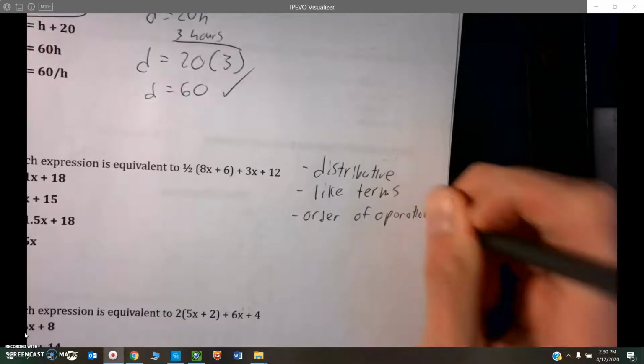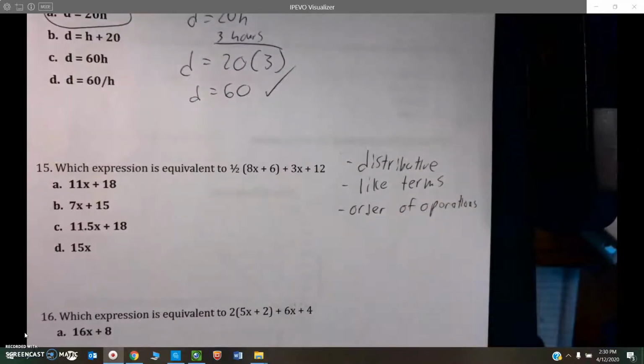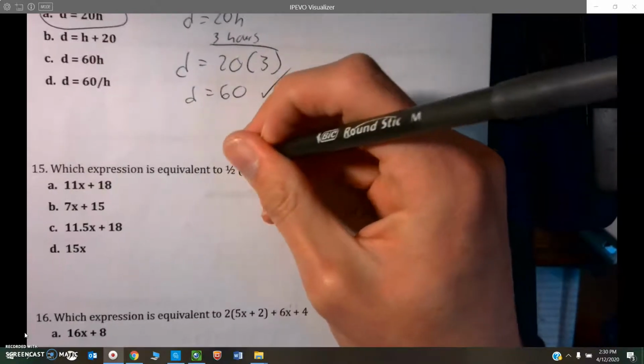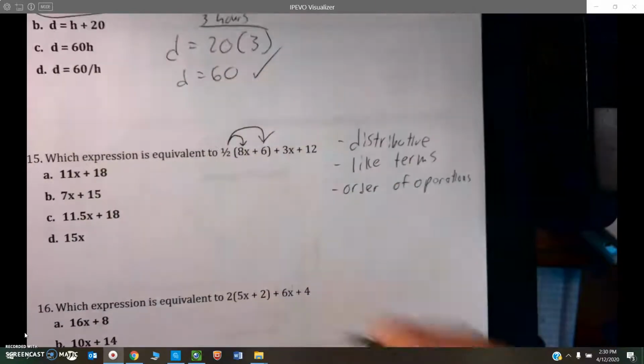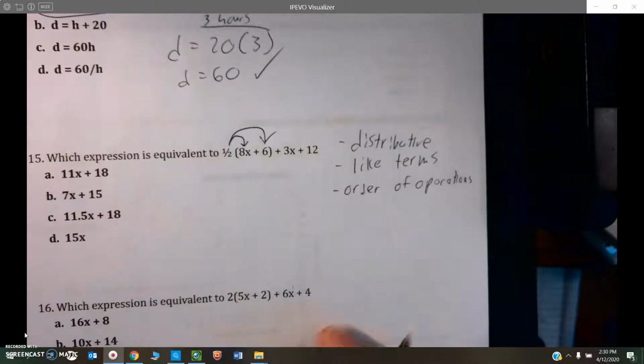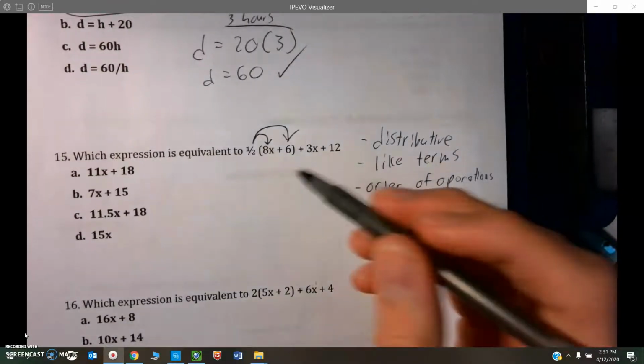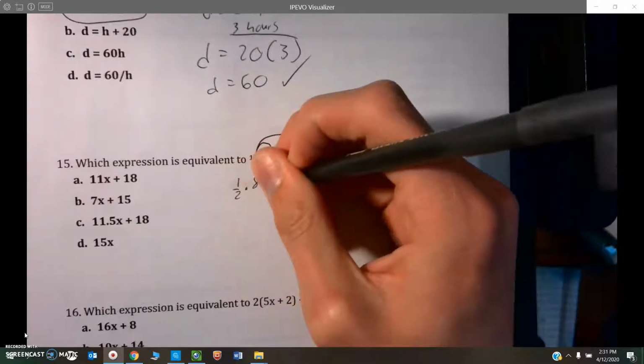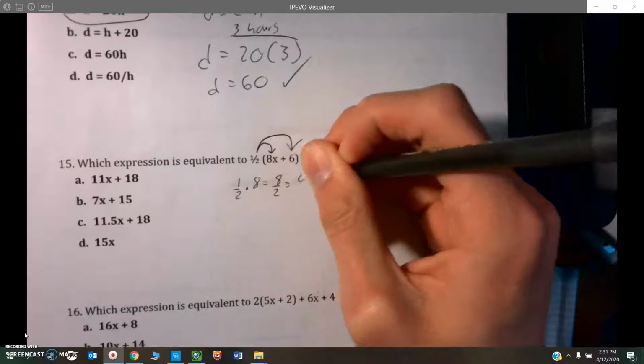So order of operations, I know I have to multiply first before I add anything. So here's where the distributive property comes into play. I need to multiply both of these values by 1/2, the number on the outside. 1/2 times 8 is 4.